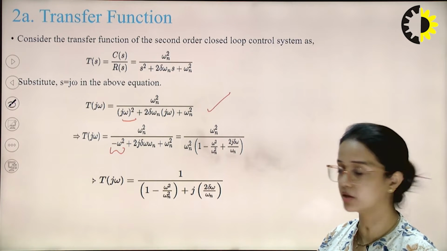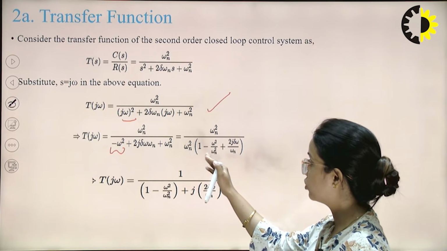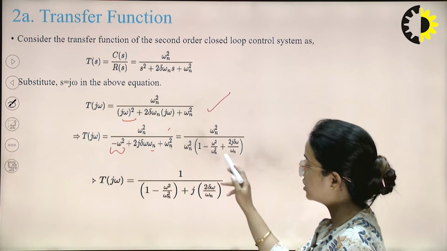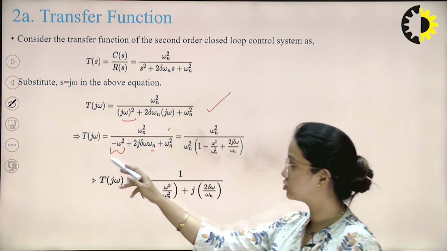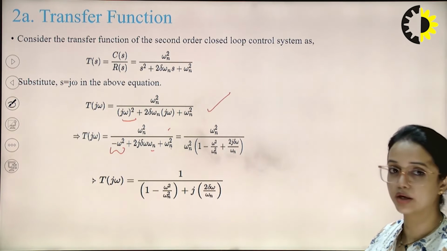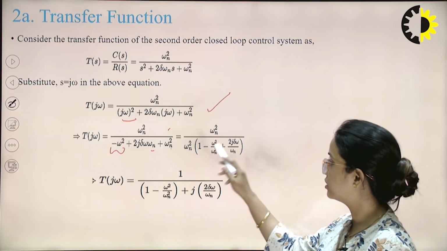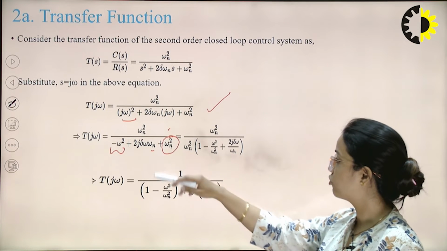So we are trying to take omega n square common out of these terms. When we take omega n square common, for this term we have 1.